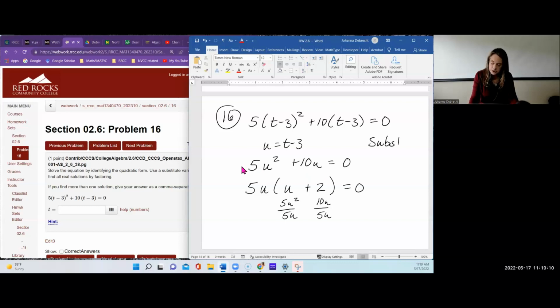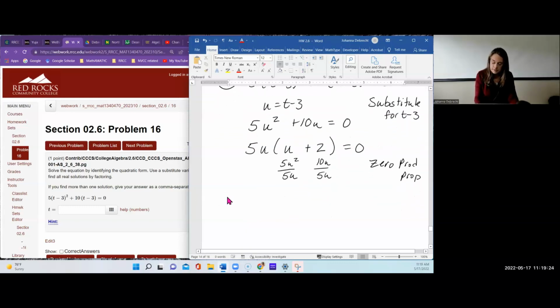After doing the substitution step, I can then solve using the zero product property. This means that either 5u equals 0 or u plus 2 equals 0.